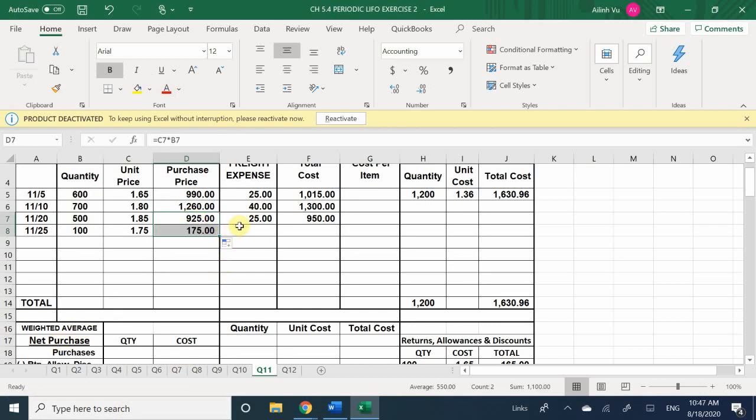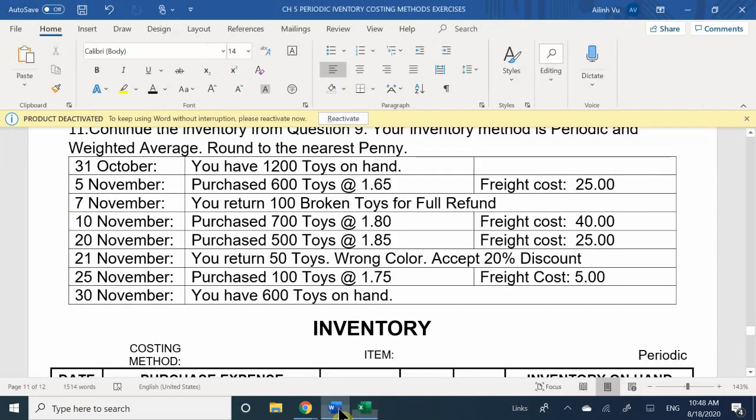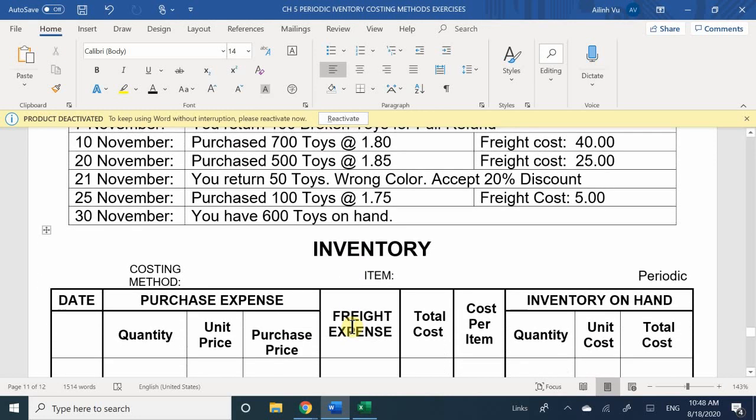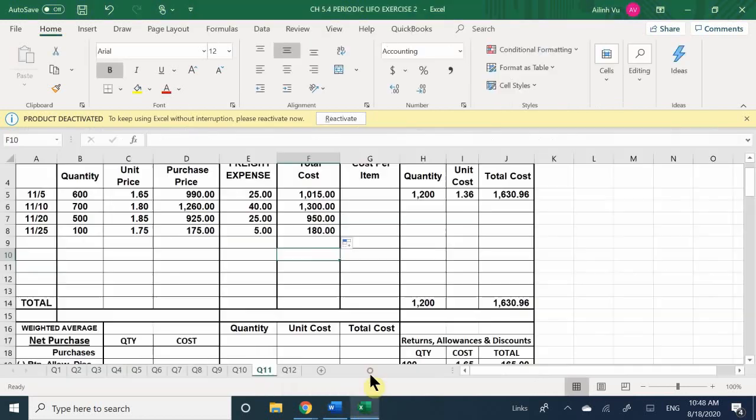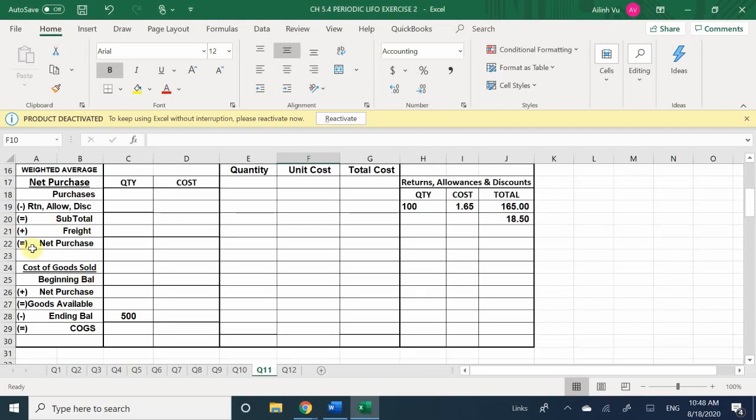Our freight, I believe, was $5. So 180. Good. And then lastly, what happened last? We have 600 toys. Our ending balance is going to be 600 toys at the end of November 30th. So let's go back here, and here, ending balance is 600.